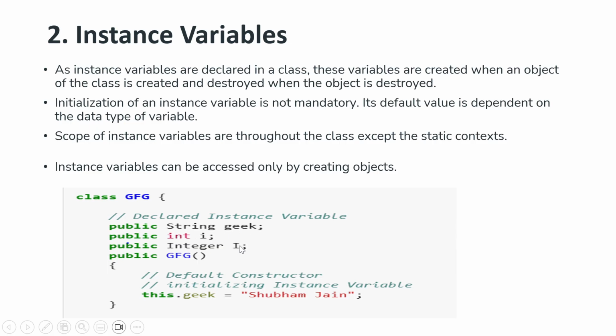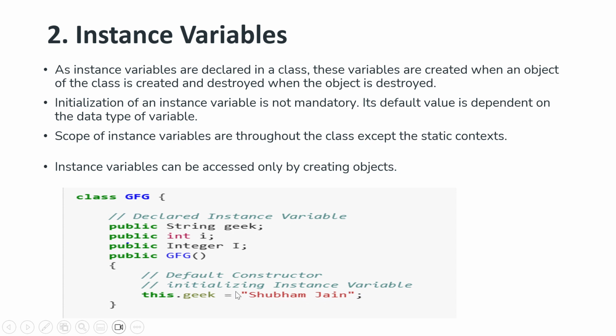These are the instance variables. As you can see, they are declared within the class GFG. These variables can be accessed from any member of the class. For example, we are accessing geek with the constructor GFG.